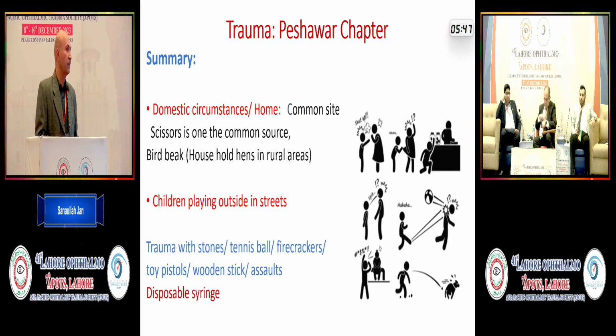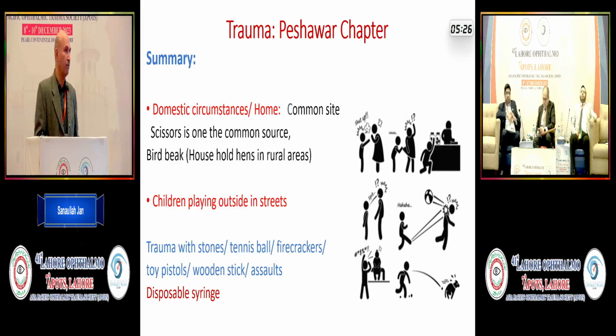And scissors is one of the common sources or agents of injury to the eye. Rarely the birds or the household hens would hit the eye of children when they are usually at home.